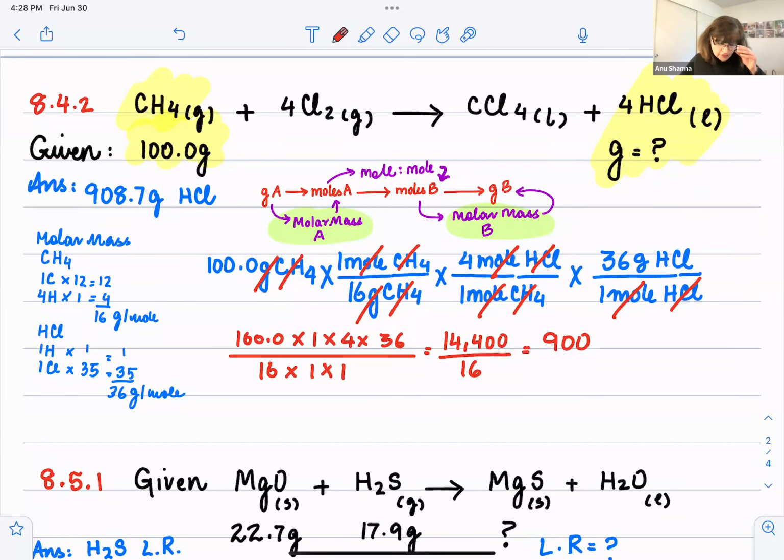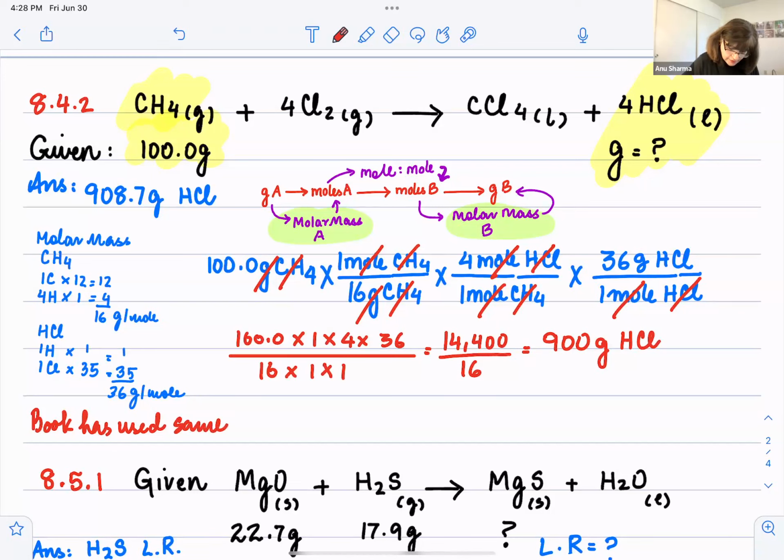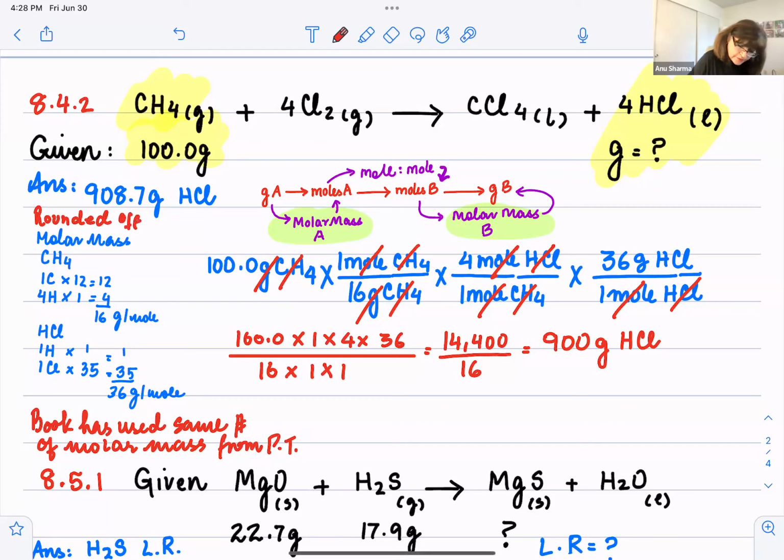Okay, so what I'm thinking is the book has used 900 grams of HCl. I have noticed that the book has used consistently the exact numbers from the periodic table for molar mass, whereas I have rounded off the mass.